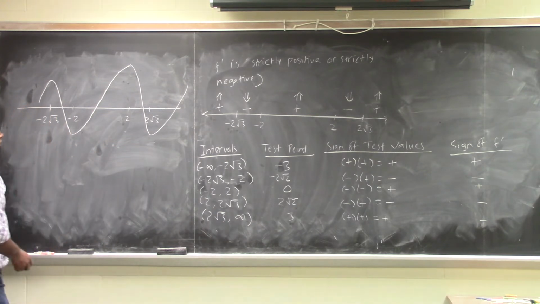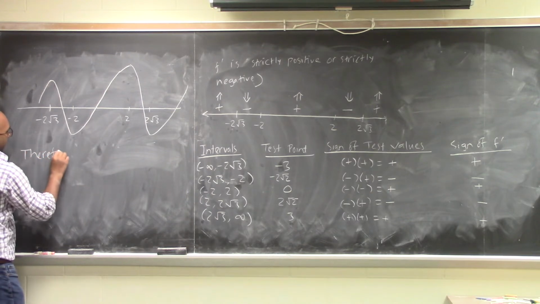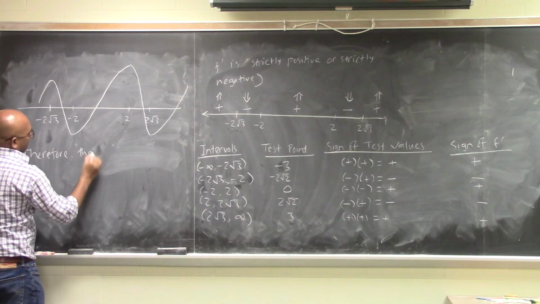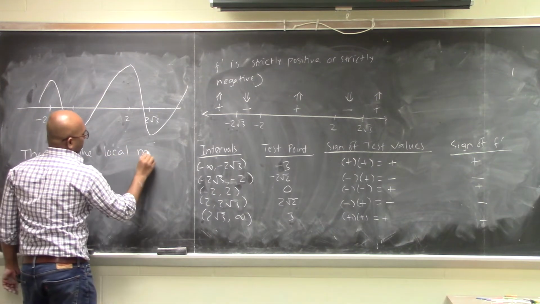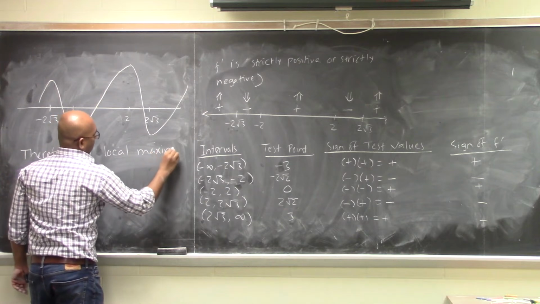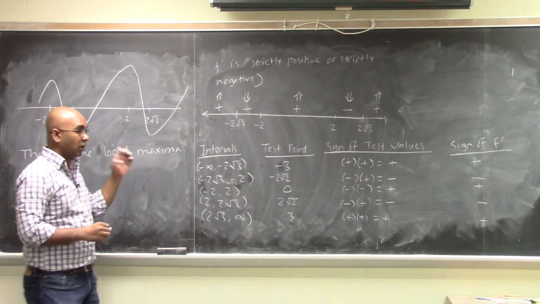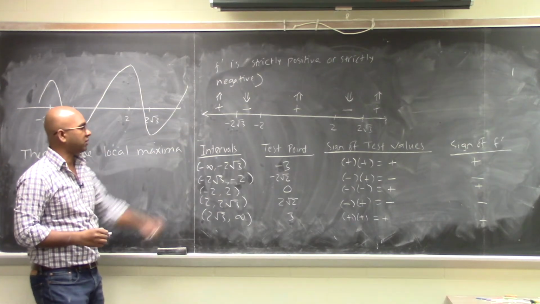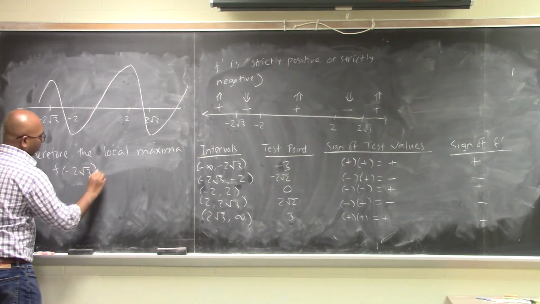Okay. Therefore, the local maxima actually are this thing. So we need to evaluate the original function at those points. Okay. So f of negative 2 root 3, which is what?